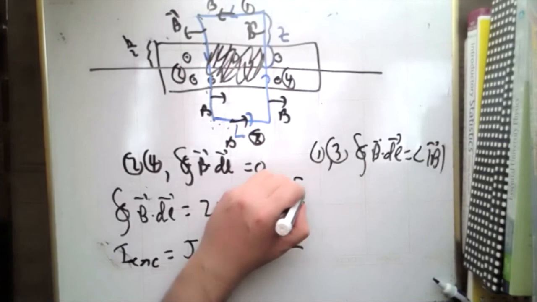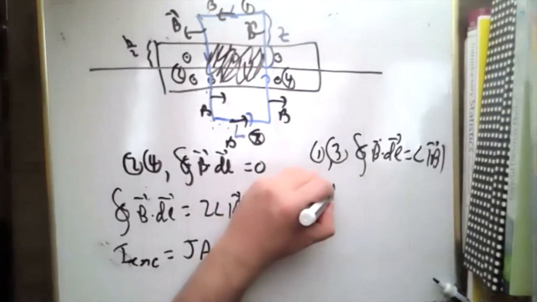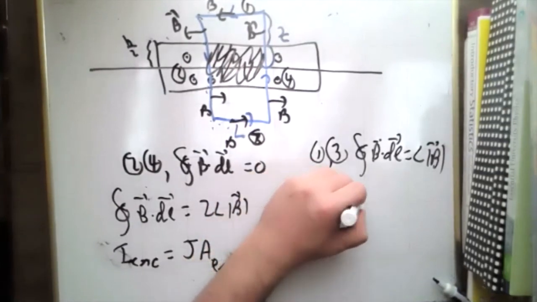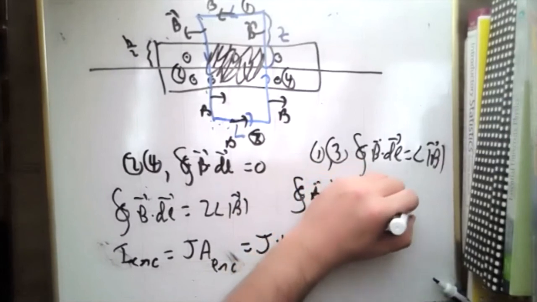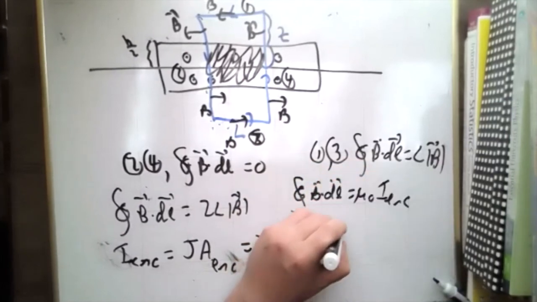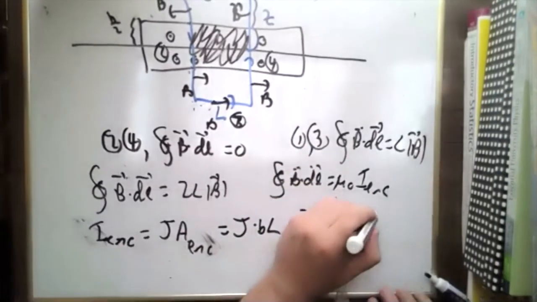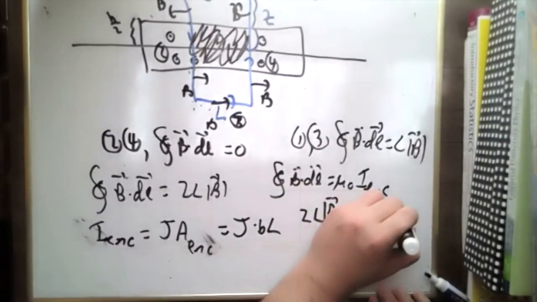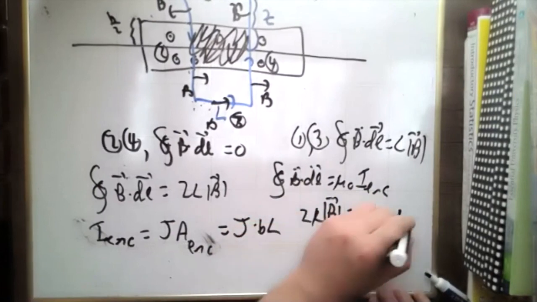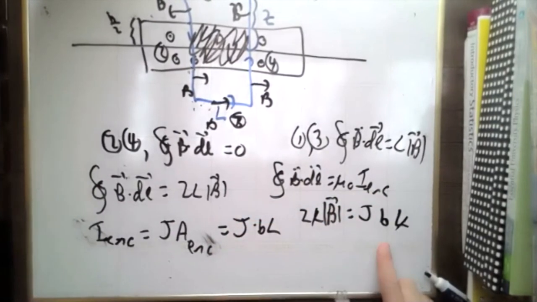So the line integral of B dot dl should be mu naught I enclosed. We get 2L magnitude of B equals J little b L. The L's cancel. I don't have a 2 over here to cancel.